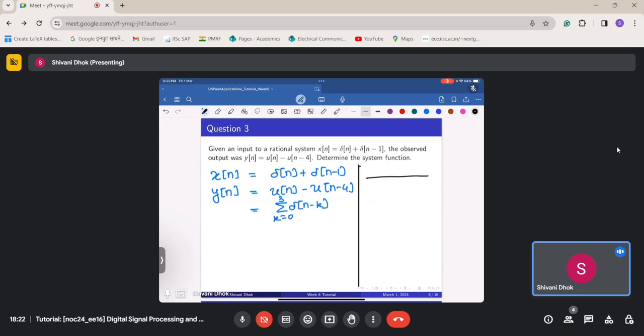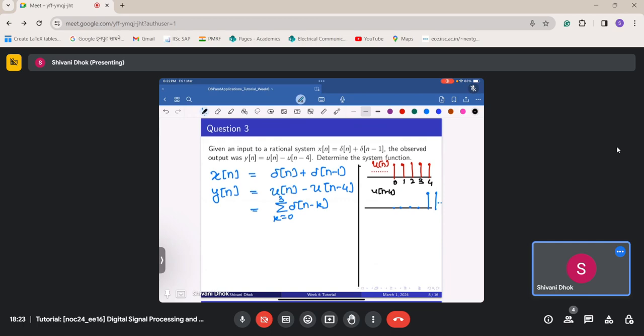If I look at u of n, it will look like this: 0, 1, 2, 3, 4, and u of n minus 4 will be 0 up to here, and 1 from 4 onwards.